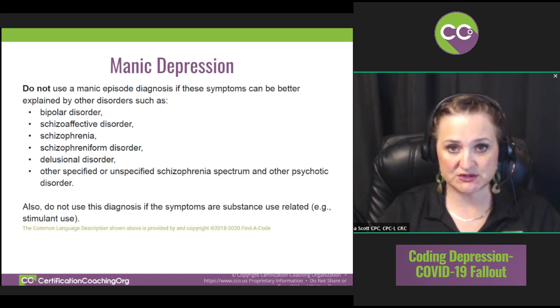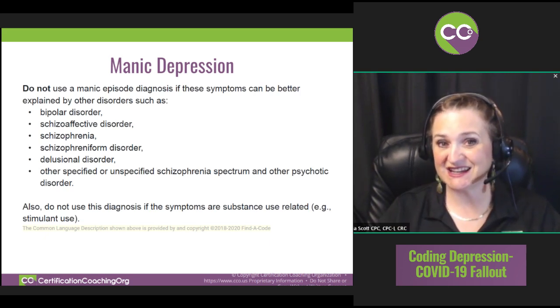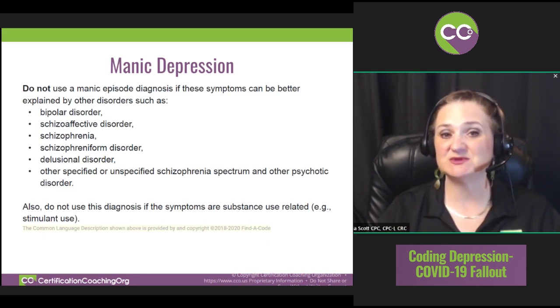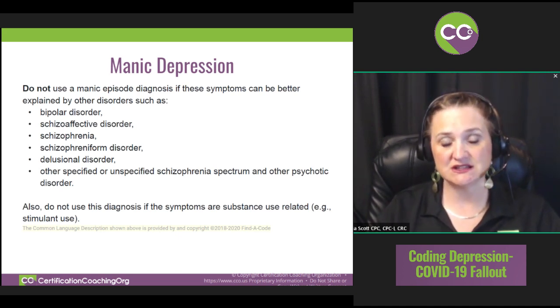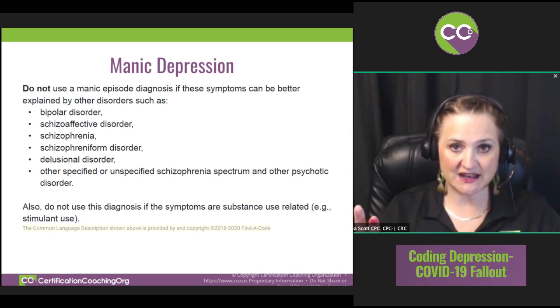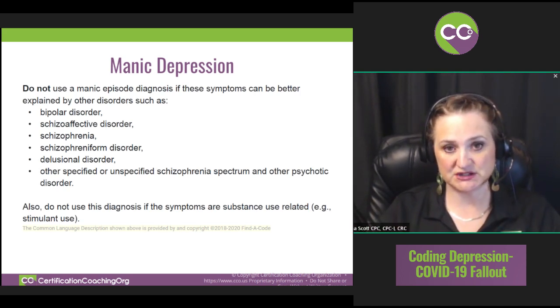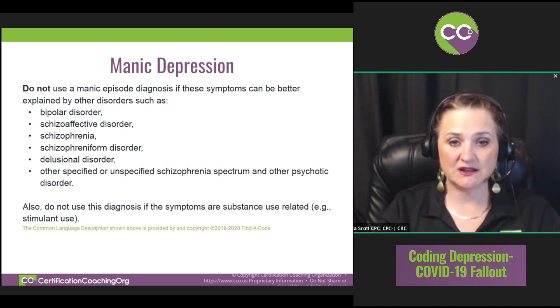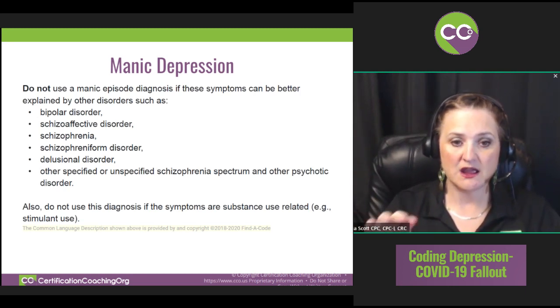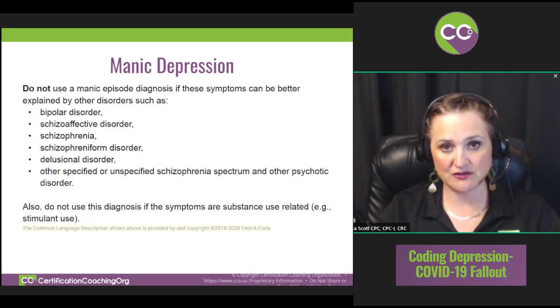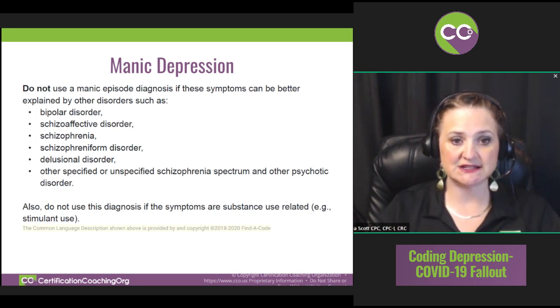Bipolar disorder diagnoses have similar symptoms. We're not going to talk about schizophrenia, because that's another whole ball game, as they like to say.